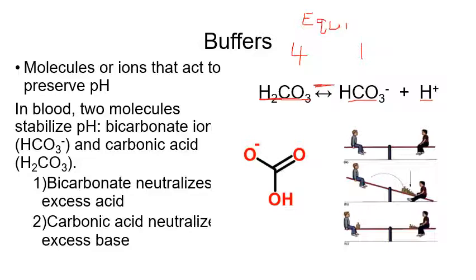But we can change this rate. One of the factors we can change is adding more to one side. Once we reach equilibrium, we've put a certain amount of carbonic acid in and gone back and forth. We've got our 4 carbonic acids, and our 1 bicarbonate and proton, like a teeter-totter.